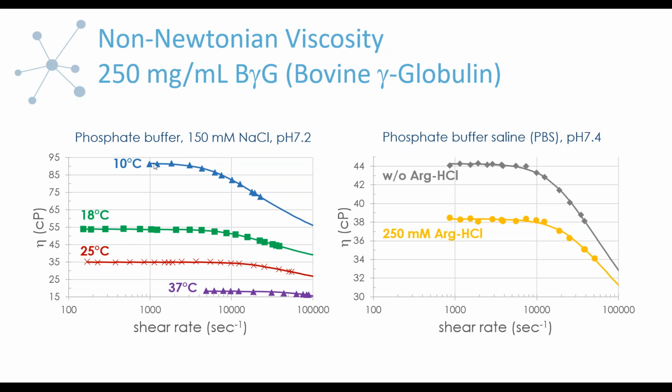However, with that pointed out, I would also like to point out that as you decrease temperature, we also see that the onset of shear thinning is shifted down to lower and lower shear rates. We've just discussed the concept that shear rate is related to an inverse time scale, which means that lower shear rates correspond to larger time scales, which could potentially correspond to larger length scale objects.